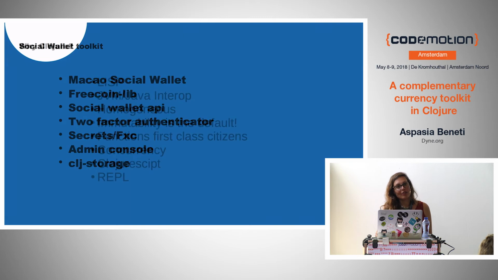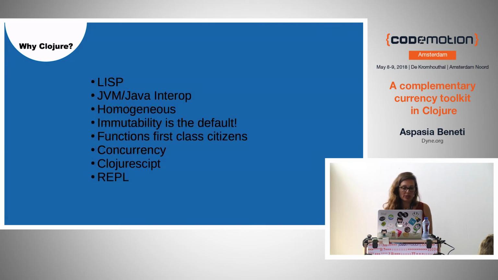For those who don't know much about Clojure, Clojure is a modern version of a Lisp. It runs on the JVM, so you can take advantage of everything that Java can provide. It has great interoperability. The core library is really small. It has a very particular syntax, and once you get the hang of it, it's really easy to learn.